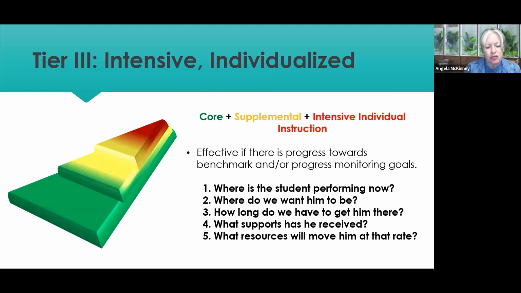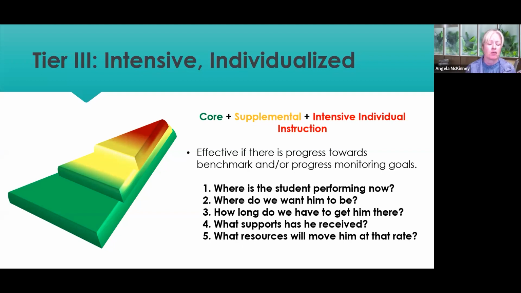All right, tier 3. Quite honestly, if you asked me a scenario of here's the intervention, here's how often we're doing it, is it tier 2 or tier 3? There's no right or wrong answer, right? There's no clear line that says this is tier 2 and this is tier 3.